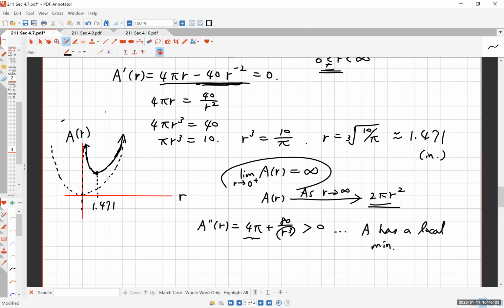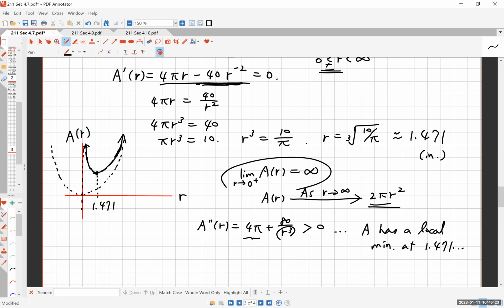We knew that the shape of the graph has to be this. So we knew that A must have a local minimum at 1.47, this point that we found to be a critical point. And when r is positive, this will be an absolute minimum.